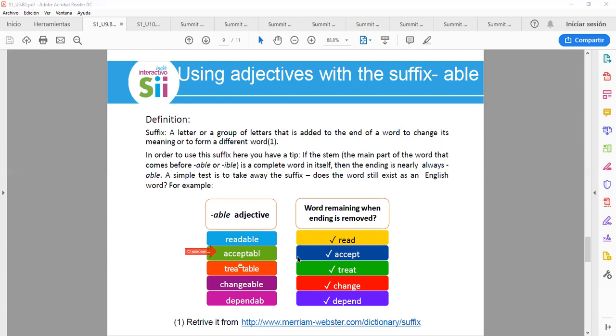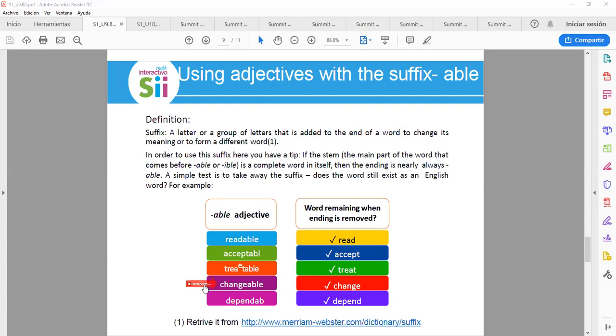Acceptable, it comes from the verb accept, and it is something that you can accept. Okay, here we have treatable. That was a little mistake. Treatable, and it comes from the verb treat. It means something that you can treat.